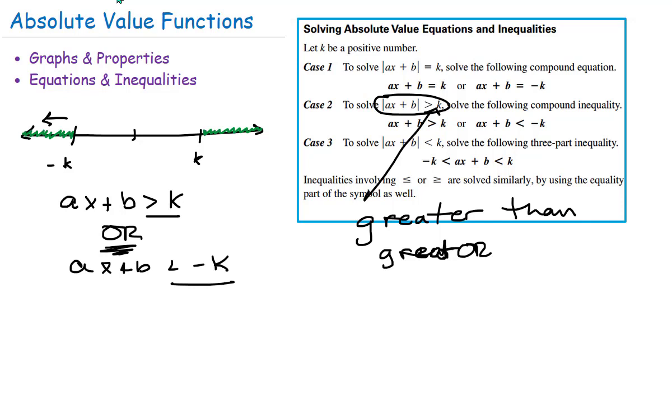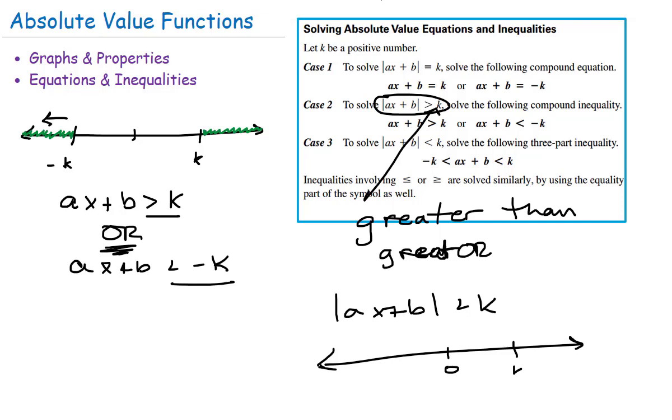And then I would solve it accordingly. And then with the third case, in that situation, if we had absolute value of some quantity less than k, we're saying essentially that if we're looking at the number line and the number k, our absolute value quantity, our distance from 0, is less than that number away.